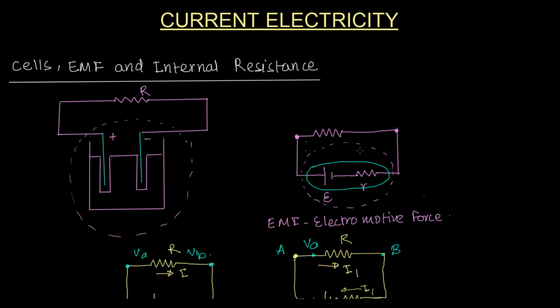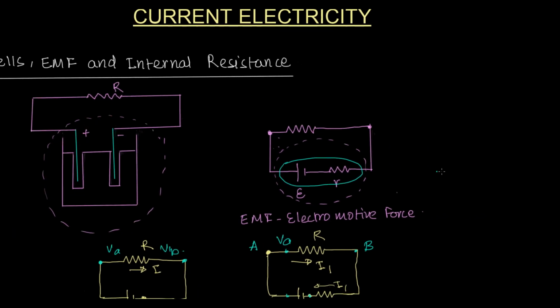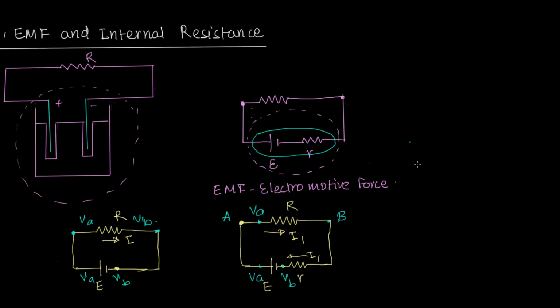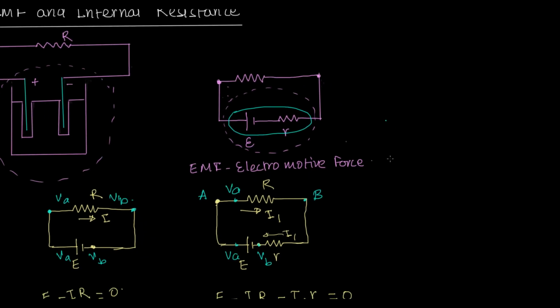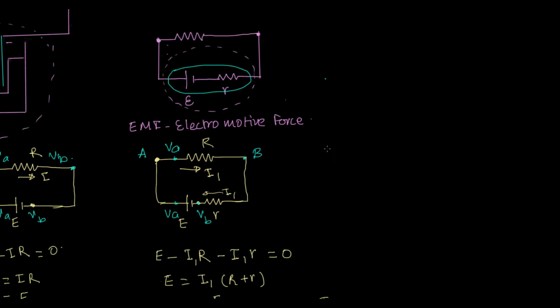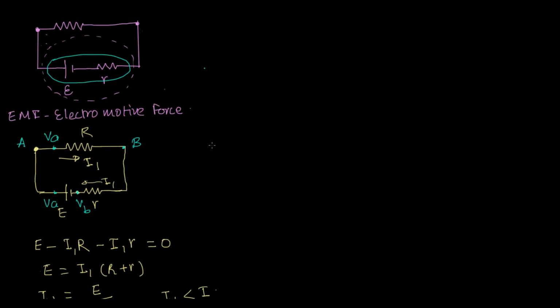Now we just saw how to model a cell EMF. Now let's try to graph the potential difference across this resistor.